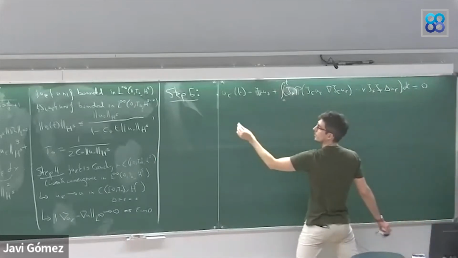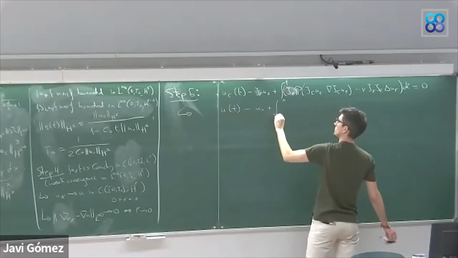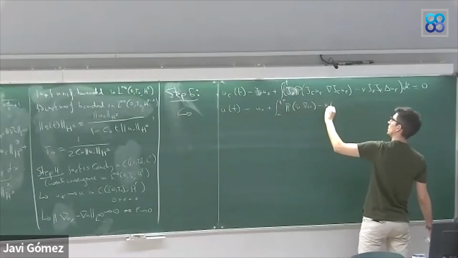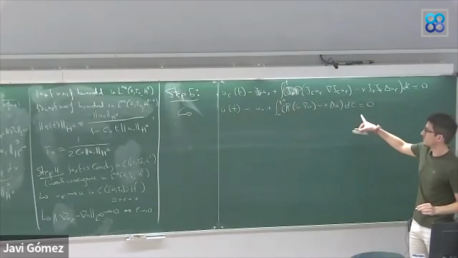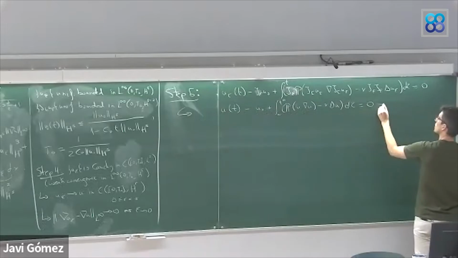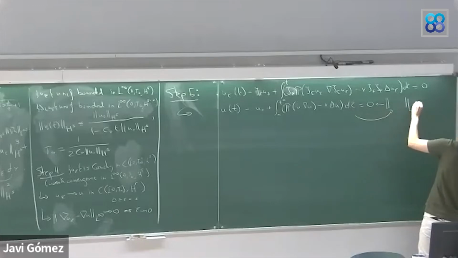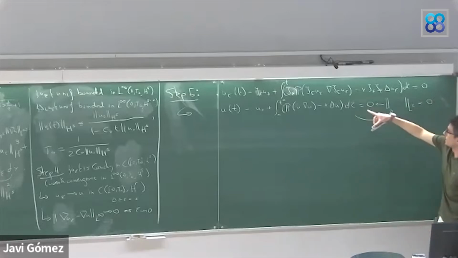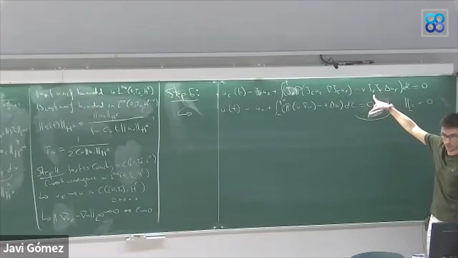So we know this for U epsilon, and we want to show that this is also true for U. And what we are going to show is that this is true in the L2 sense. I want to show that the L2 norm of this goes to 0. So I'm going to take the difference of these two, and I will estimate the L2 norm and make epsilon go to 0.